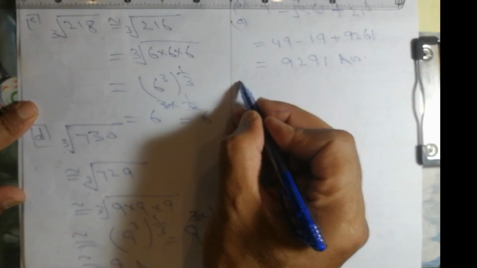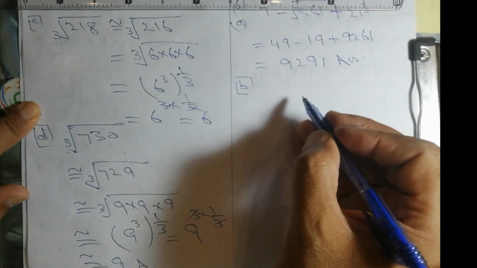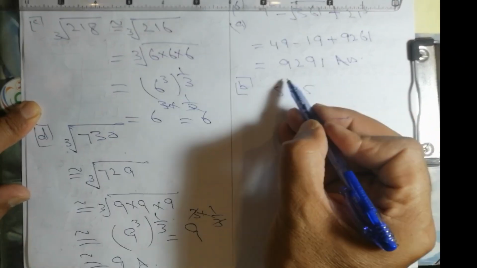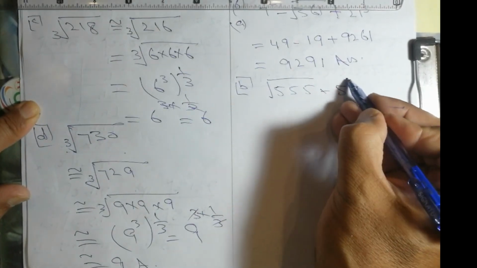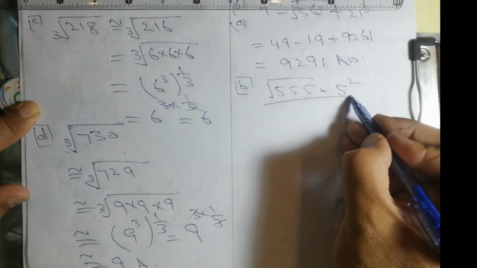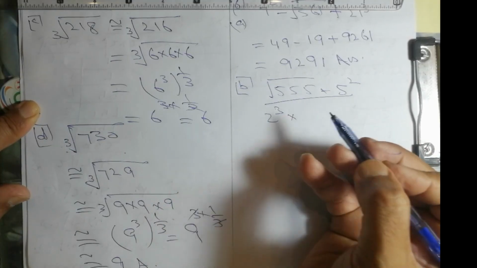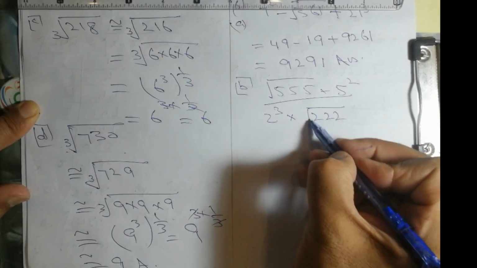Now part B of this question, which is question number 6 of exercise 1B, that is equal to square root of 555 plus 5 square, divided by 2 cube into 2, that is the cube root.